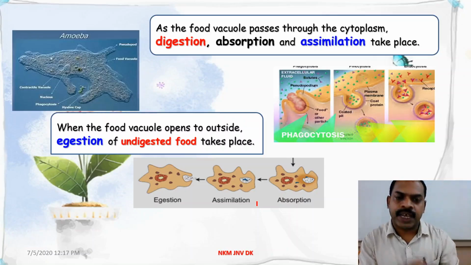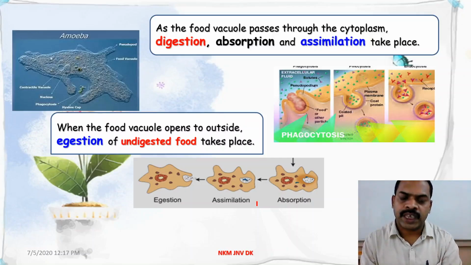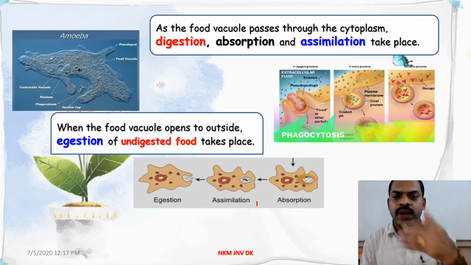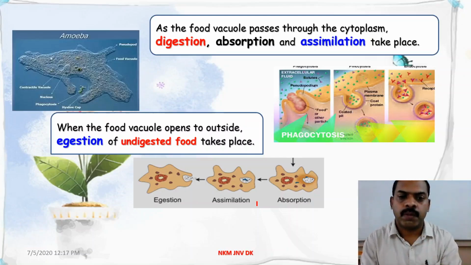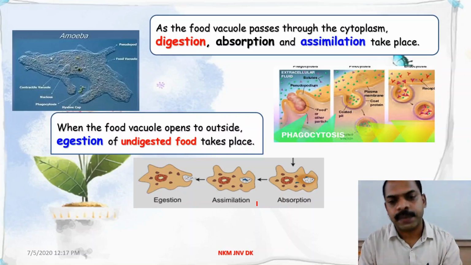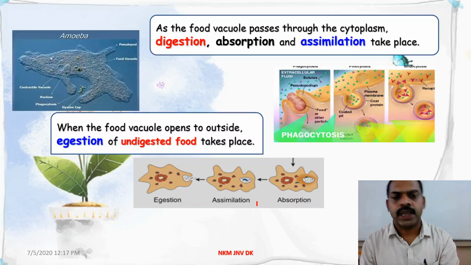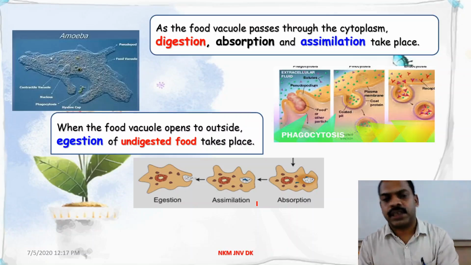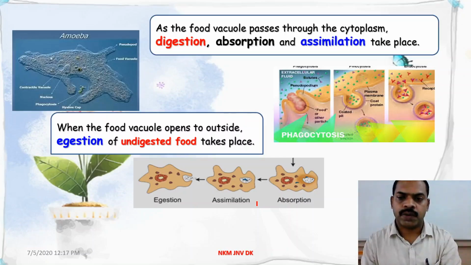That glucose may be used directly for extracting energy, or converted into glycogen and stored in our body. The amino acids are used to produce human proteins and enzymes, etc. So this is called assimilation, utilization, and the final step is ejection, removal of waste. So this is nutrition in amoeba.